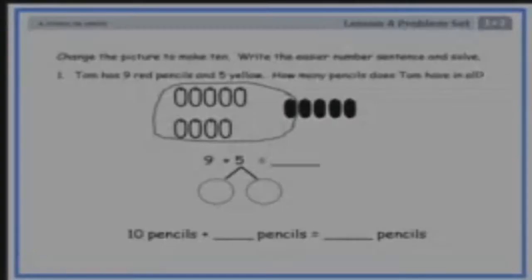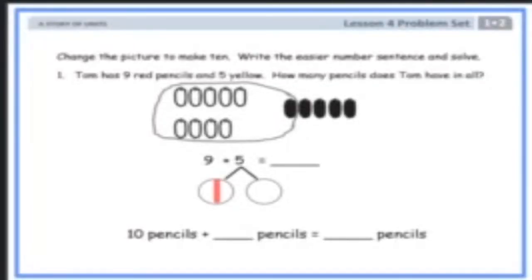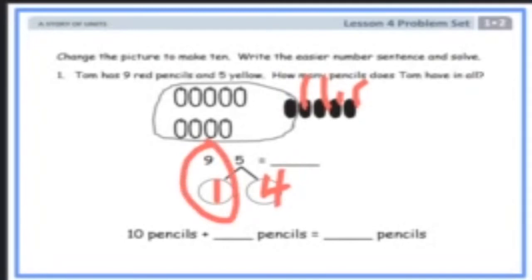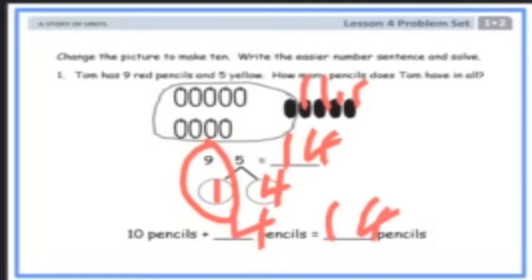So I'll put my 1, and how many will be left? 1, 2, 3, 4, and 4. So this is my 10 now. 10, 4. That's what? 14. Very good. So 10 pencils plus 4 pencils equals to 14 pencils. You can see it becomes easier to solve.